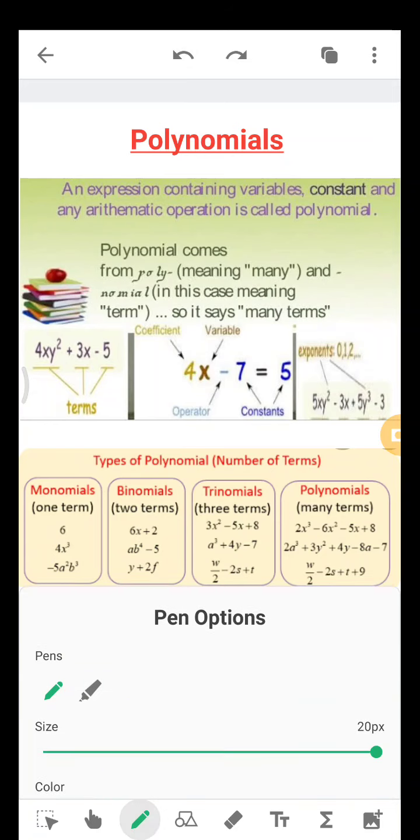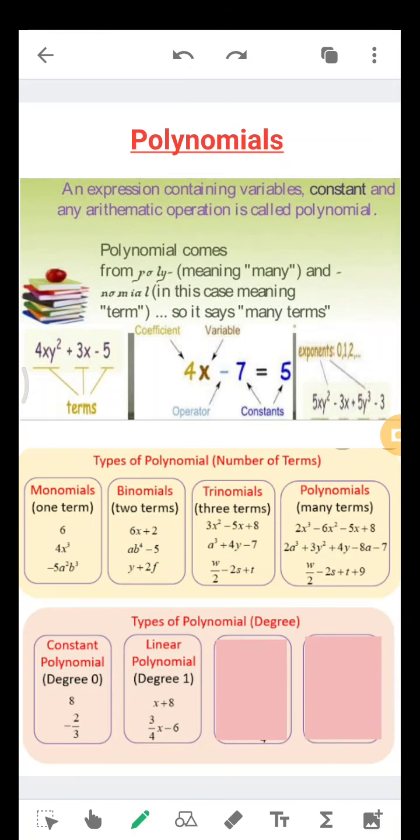If the degree of a polynomial is 2, what can we call it? Yes, if the degree of a polynomial is 2, it is called a quadratic polynomial. You can observe here the highest power in this expression is 2. The highest power in this expression is also 2. So as the degree is 2, this type of polynomial is called a quadratic polynomial.